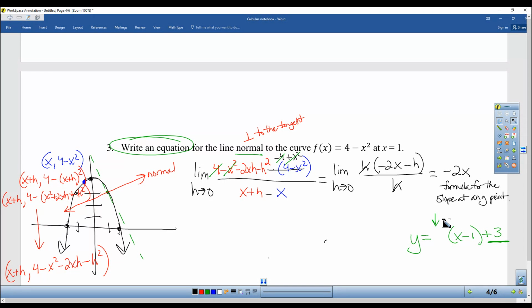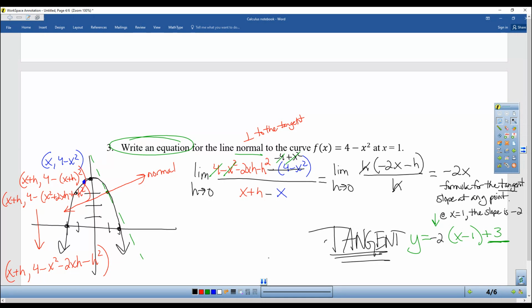But what point do we need it for? At x is equal to 1, the slope is negative 2. But that would be the tangent line. The formula for the slope, for the tangent slope, we don't usually write that in the definition, it's understood, but it is the formula for the tangent slope at any point.